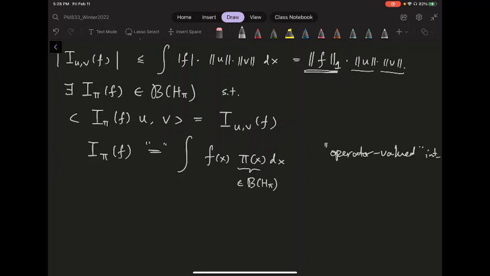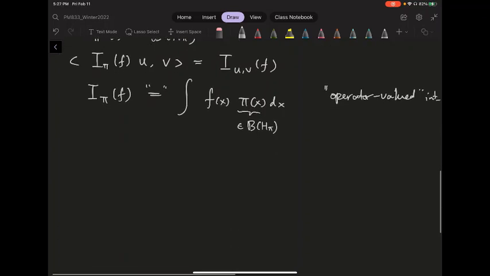So this I pi of f is going to be inside the B of H pi, and we know it's going to be bounded by the L1 norm of f by the calculation we just did. And this I pi essentially defines a non-degenerate continuous star representation.